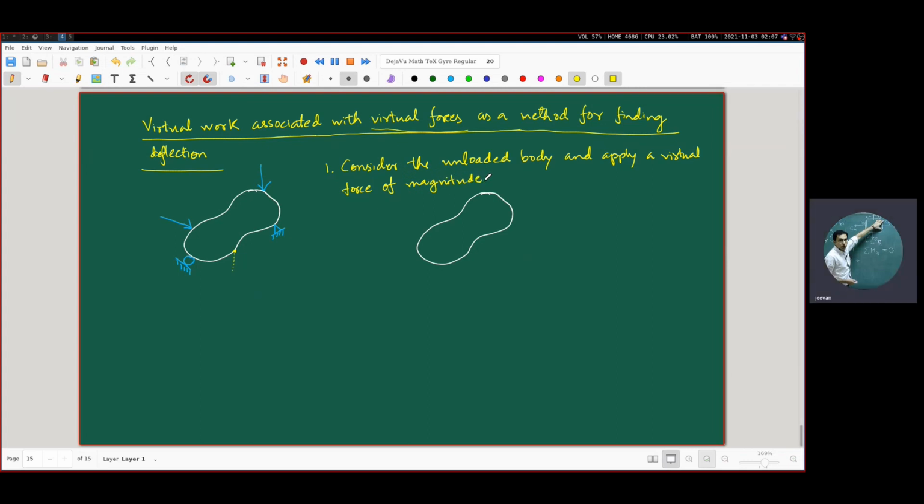A virtual force of magnitude 1. So we will say P is equal to 1 along the desired direction.